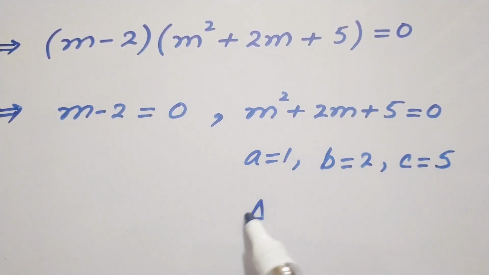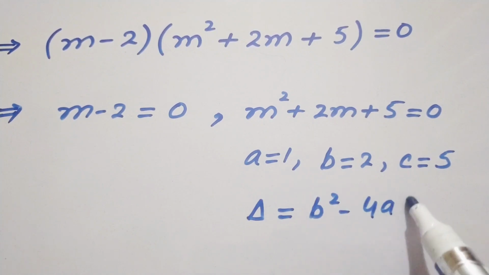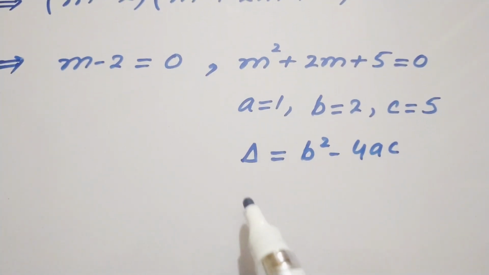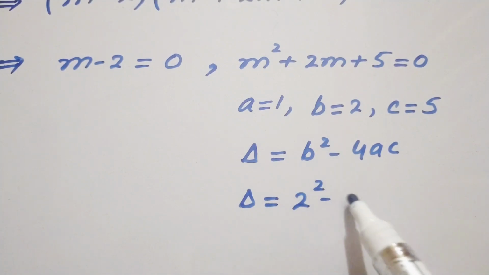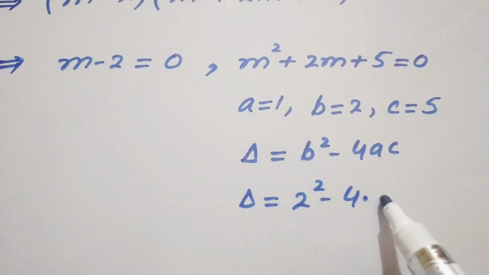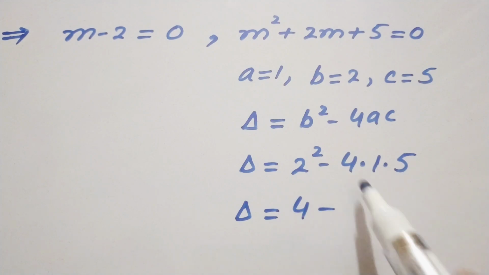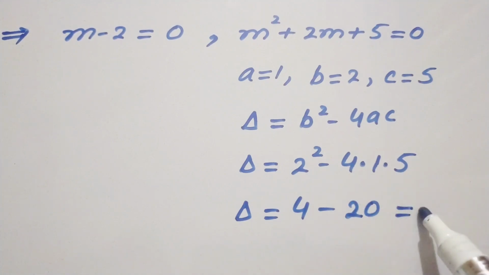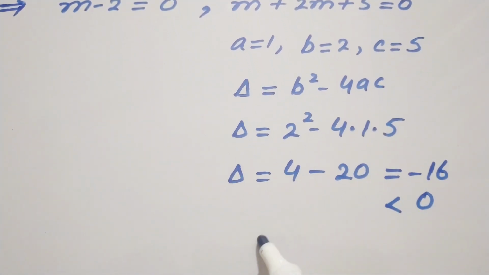We can first find the discriminant, which is equal to b square minus 4ac. By using values, 2 square minus 4 times 1 times 5. Discriminant 4 minus 20 is equal to minus 16, which is less than 0. So it gives us complex solutions. No real solution it gives.